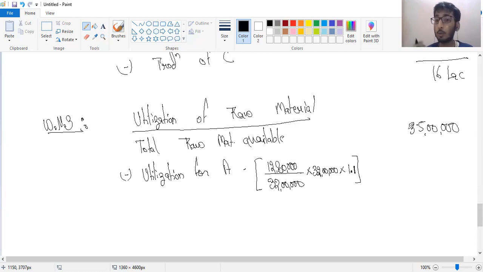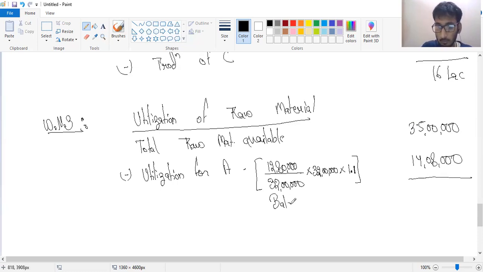Last year for producing 32 lakh, I used 12 lakh 80,000. This year also I'm producing 32 lakh, so my utilization would again be 12 lakh 80,000. But this year the raw material price has gone up by 10%. So calculate what would be utilization. It is 14 lakh 8,000.